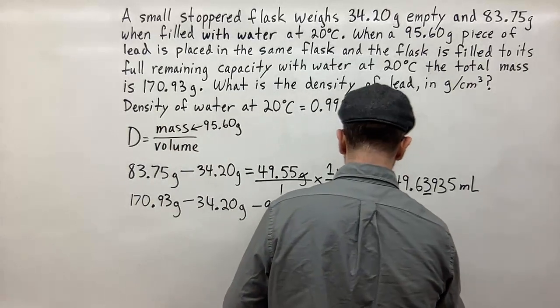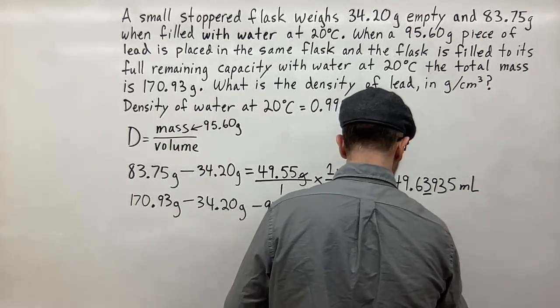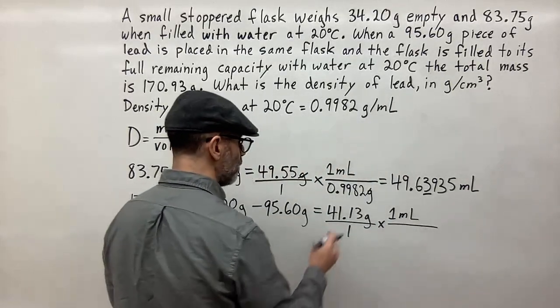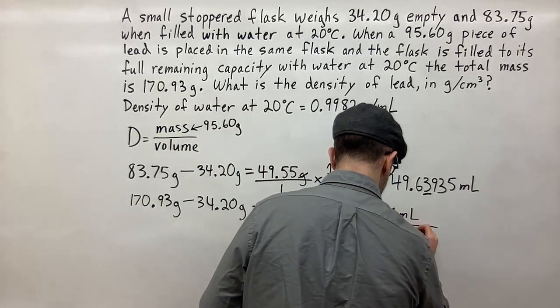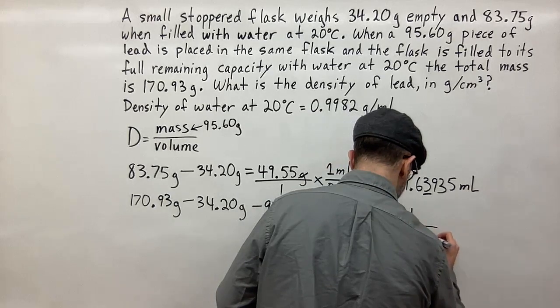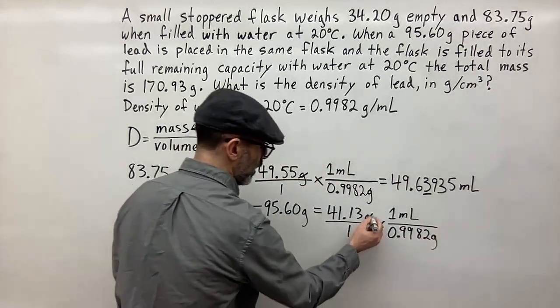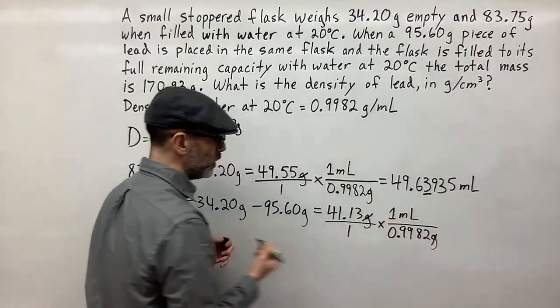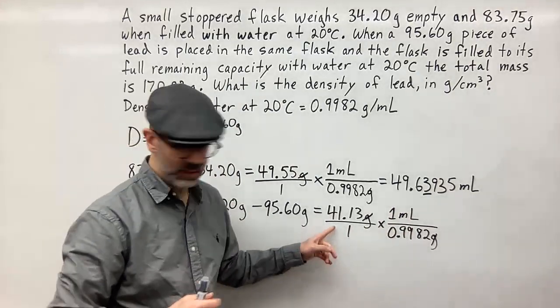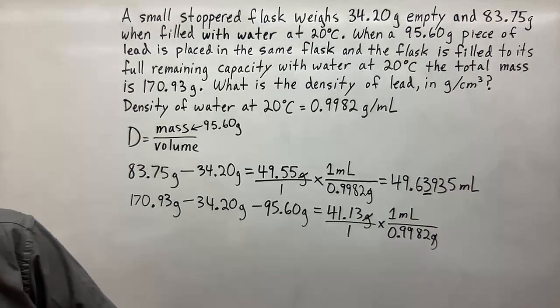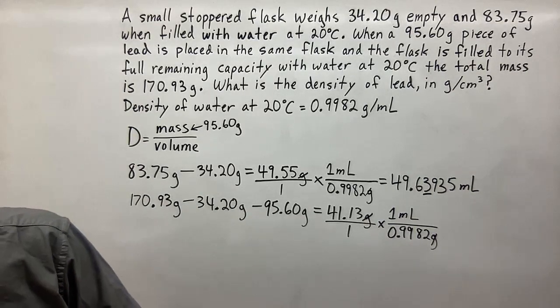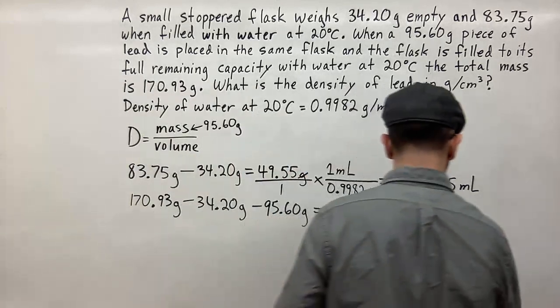So 1 milliliter goes on top, 0.9982 grams goes on the bottom. Grams cancels out. I have milliliters. And when I calculate this out, I get 41.20416.